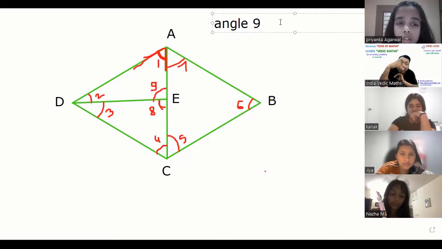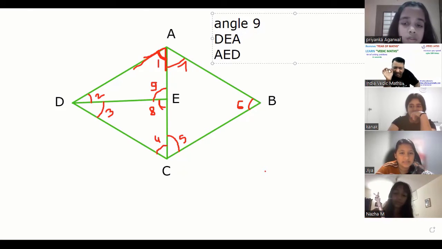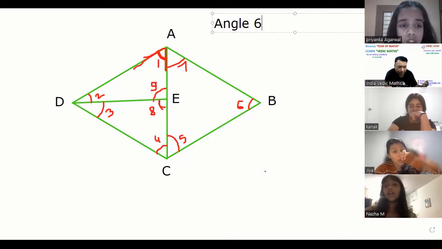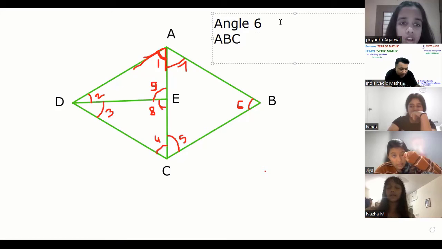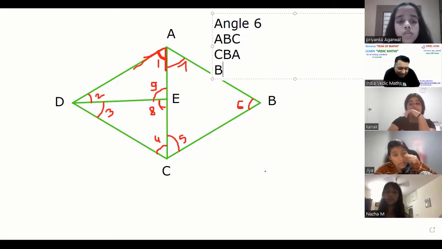Angle 9 ऊपर वाला है. All right, sorry. DEA and AED. Very good. Understood? Naja, it's a very thin thing. Naja, how will you name angle 6? ABC or CBA. This angle you also can say angle B because it's very clear. There is nothing else, right? Very nice.